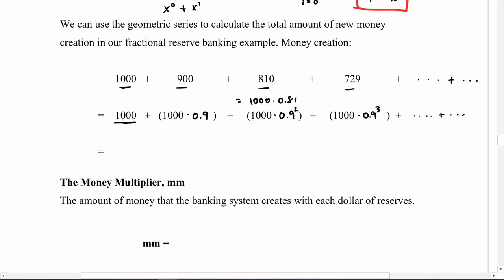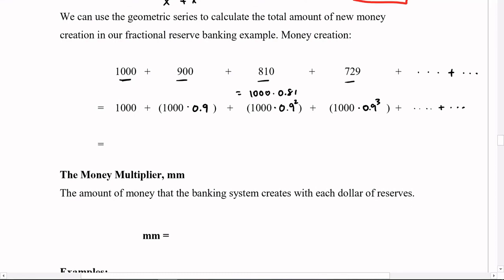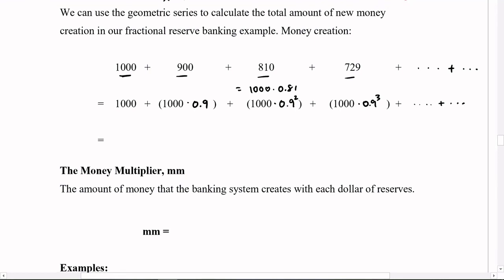And this first one, we don't have a 0.9 there, but we could multiply that by 0.9 to the 0 power. Anything to the 0 power is just 1. So that's ultimately 1,000 times 1, so that's 1,000. Okay, and so what we can do then is collect terms. We have 1,000 times 0.9 to the 0th power, which is equal to 1.